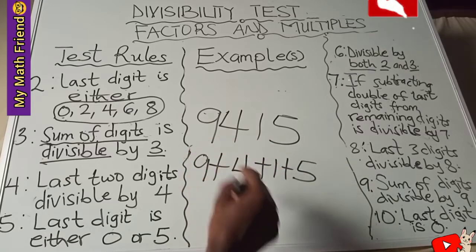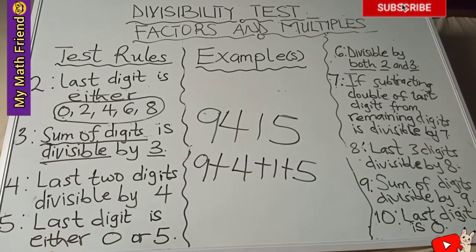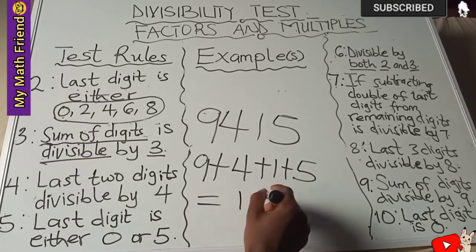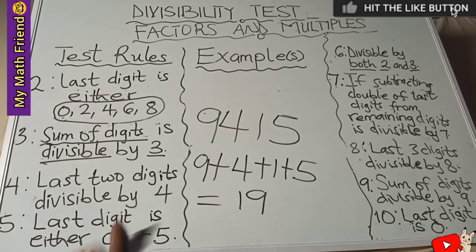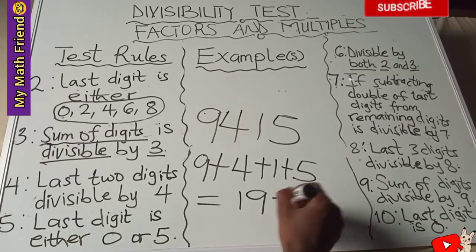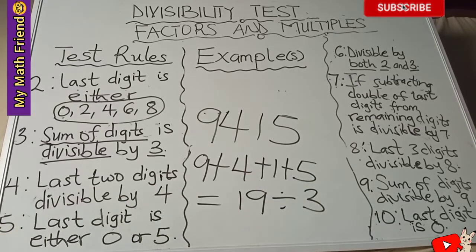9 plus 4 is 13, plus 1 is 14, then plus 5 is 19. So we have 19. Is 19 divisible by 3? How many groups of 3 go into 19, leaving no remainder? Take note of that. When there's a remainder, it's not.